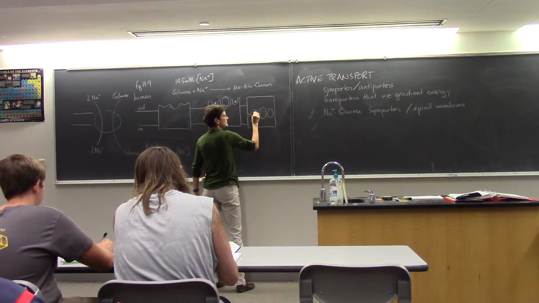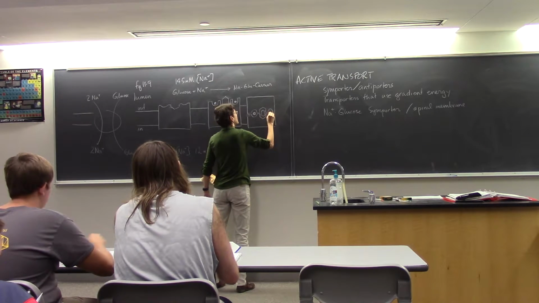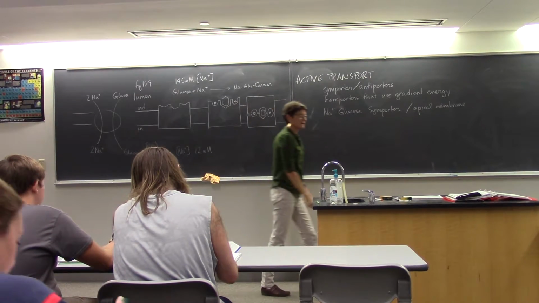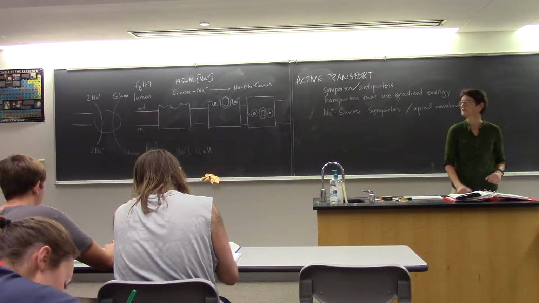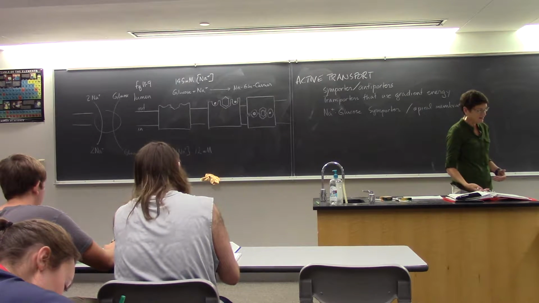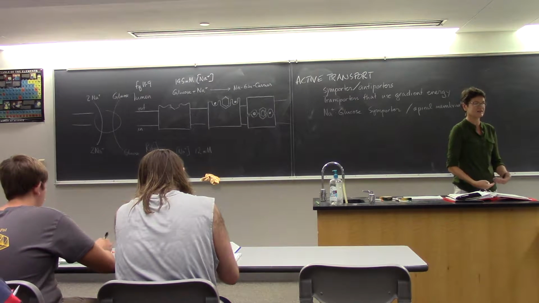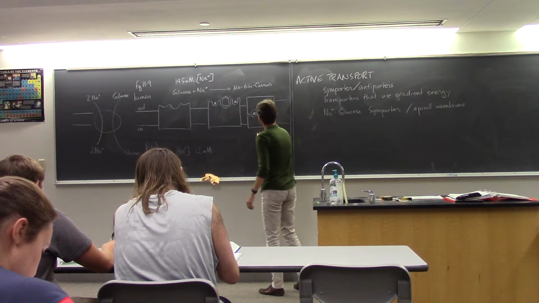There's a conformational shift where the three ligands, the two sodium and the one glucose, are really not on the inside of the cell or the outside of the cell. They're sort of in the interior of the protein. So this would be a closed state.